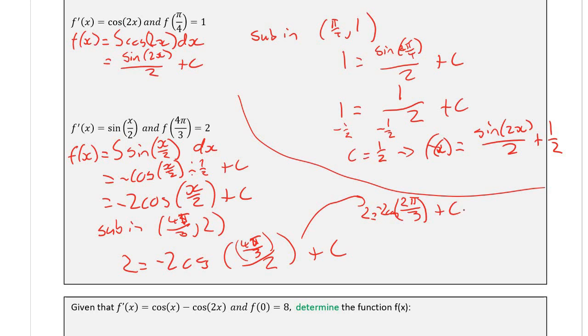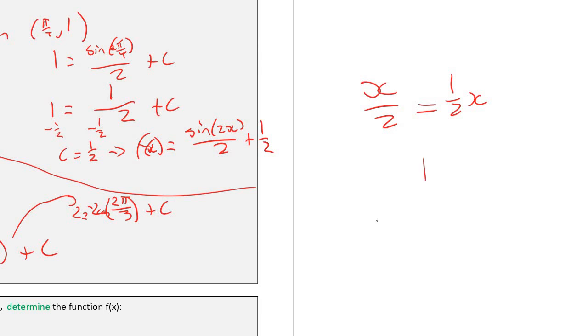What is pi on 3? 45, 60. 60, because pi is 180, divided by 3 is 60, times it by 2, 120.